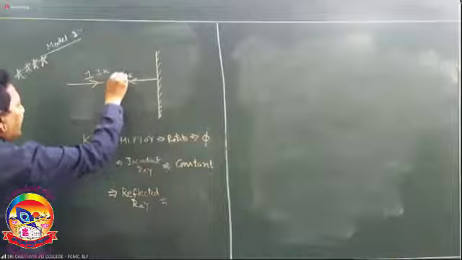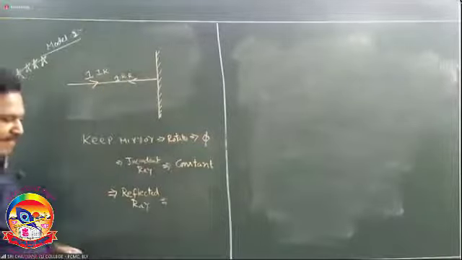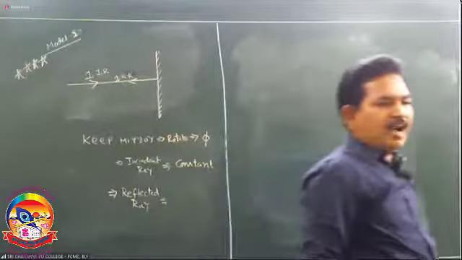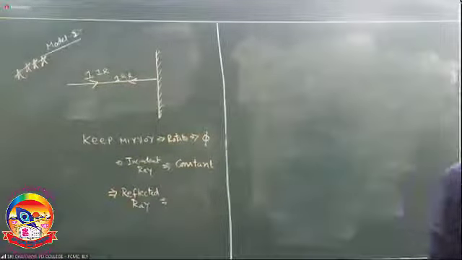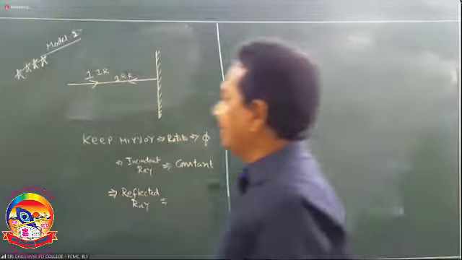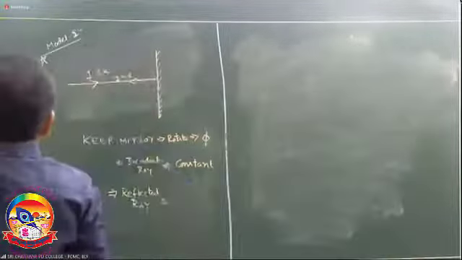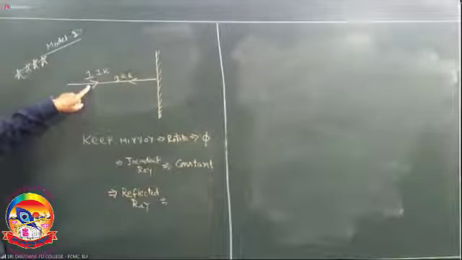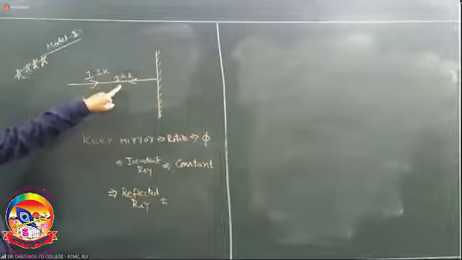First reflected ray. I am deriving the expression for how much the reflected ray is rotated. Derivation part: first normal incidence, first incident ray, first reflected ray.